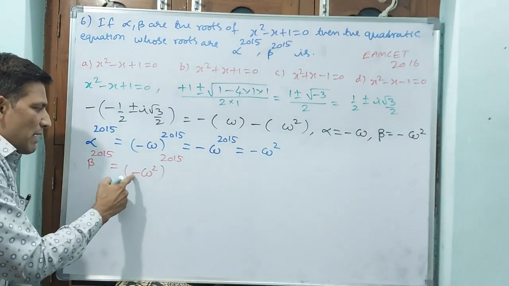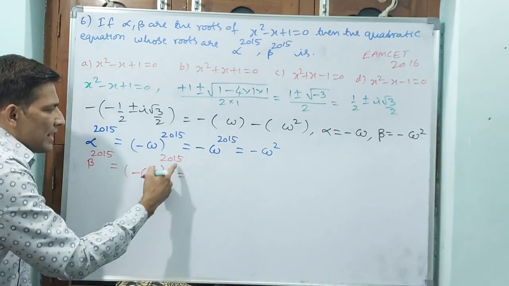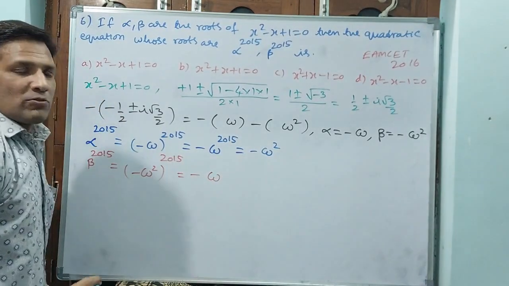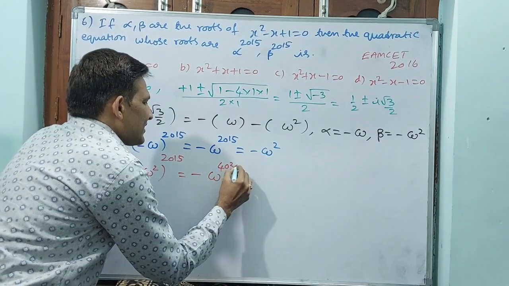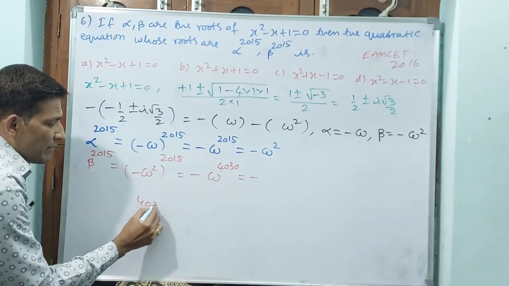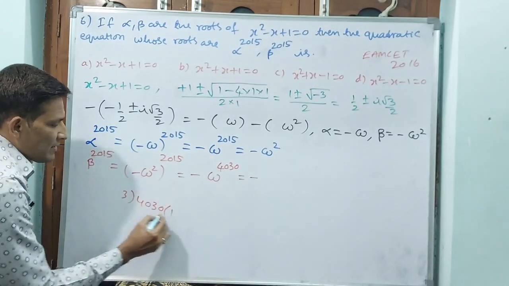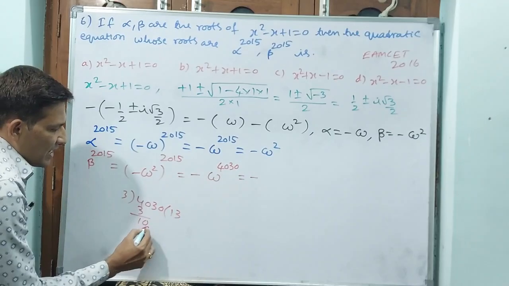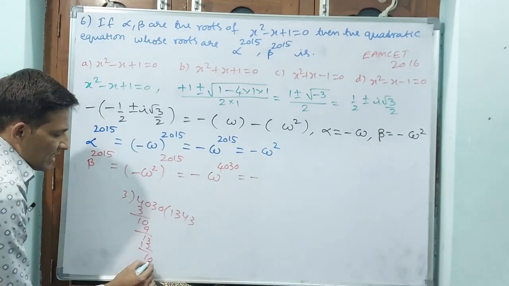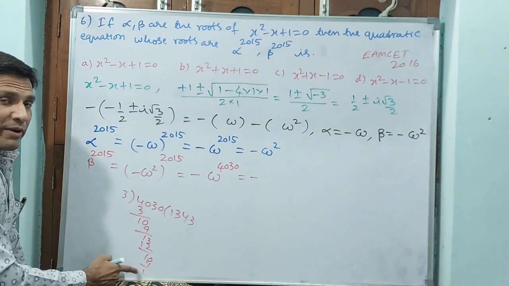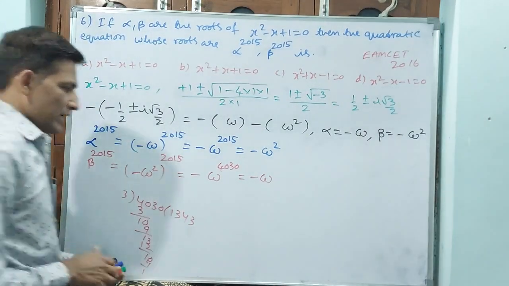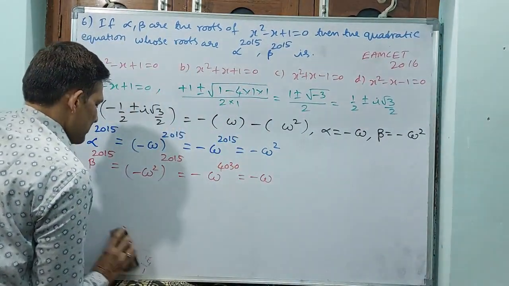Here also, you see, 2015 is odd, that is the minus you keep, omega power 2015 into 2, 4030. That is equal to minus omega power 4030. How is it going to become? See, 3 1s are 3, 10, 3 3s are 9, 13, 3 4s are 12, 10, 3 3s are 9, 1. Remainder is 1, that means omega power 1. Minus omega.